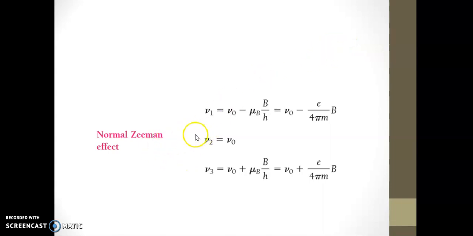The frequencies of those lines are: one is the original frequency nu 0, another has a lesser frequency than the original one, which is nu 0 minus EB by 4 pi m, and the third has a greater frequency than the initial line, which is nu 0 plus EB by 4 pi m.